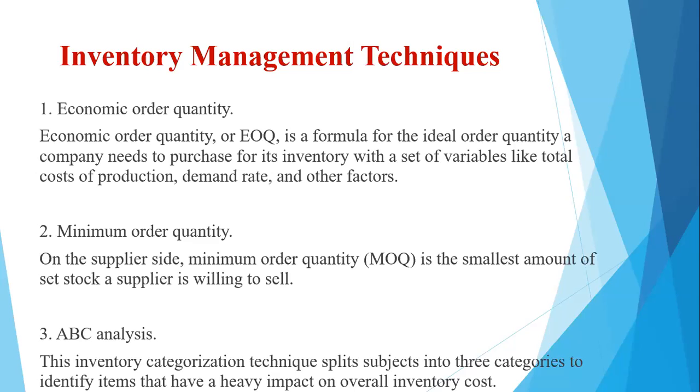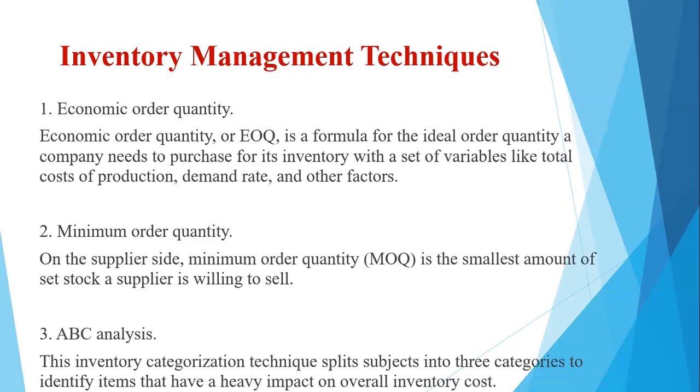And then category C items are the small transactions that are vital for the overall profit, but they don't matter much individually to the company altogether. These are the items of inventory that are the lowest in terms of value, say almost 10 to 15% of the total inventory cost.